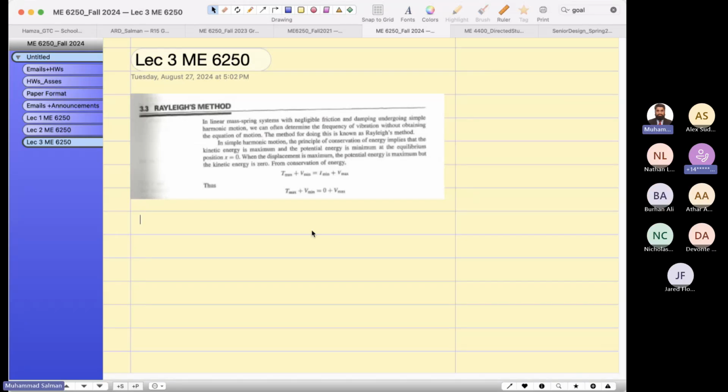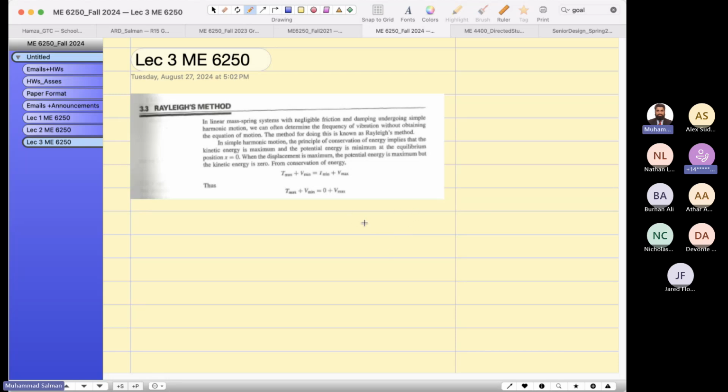So one way to find the natural frequency is to use the Rayleigh method. I'm going to give you an example of a mass spring system.